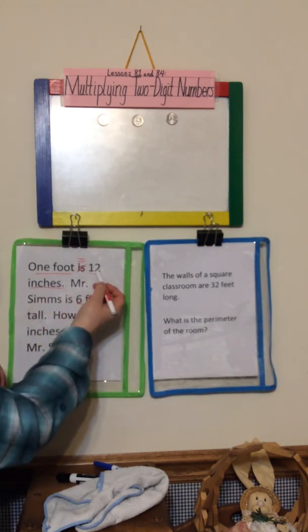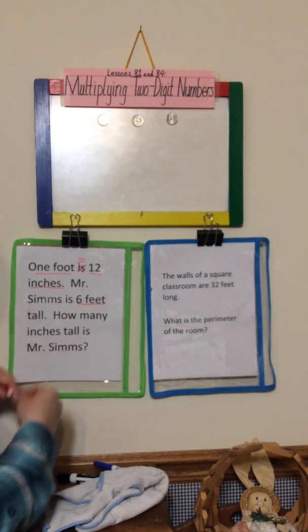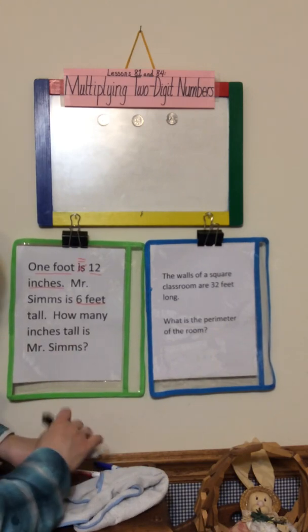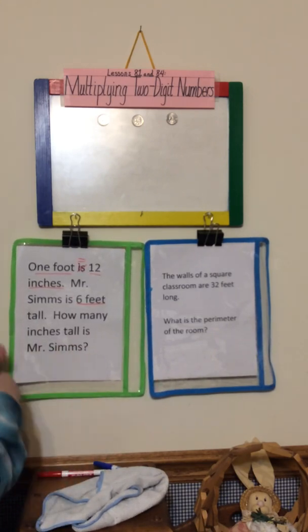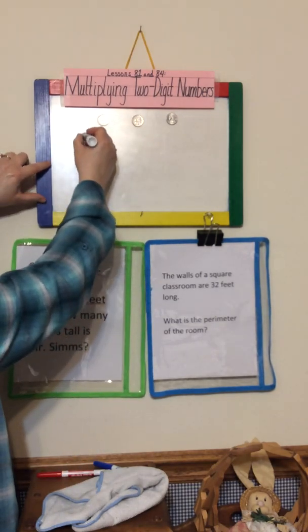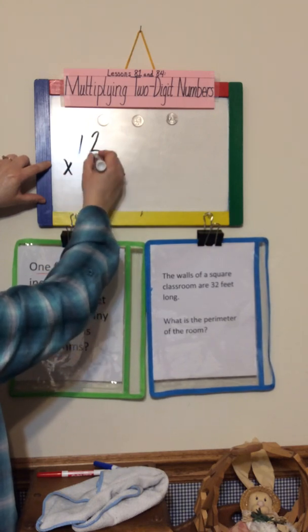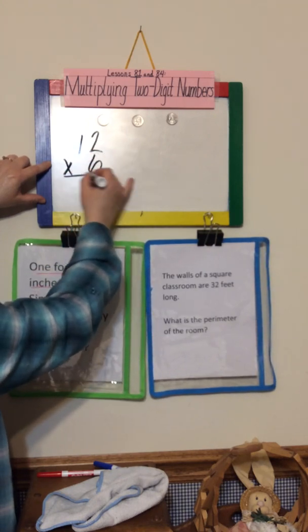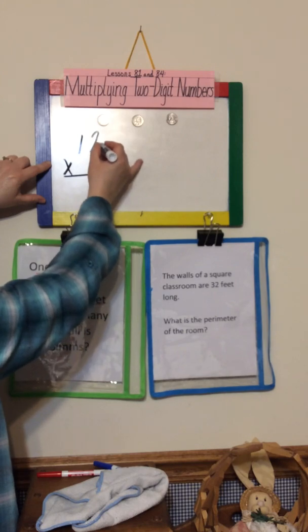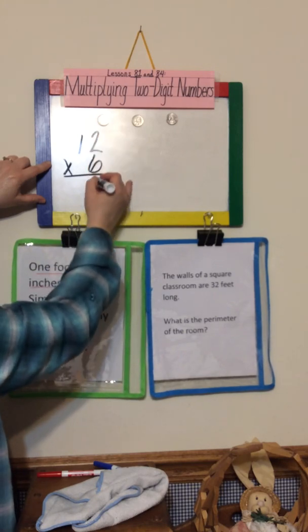So 12 inches times 6 feet will equal how tall Mr. Sims is. So if we take our 12 times 6, we multiply. 6 times 2, we multiply the ones, is 12.